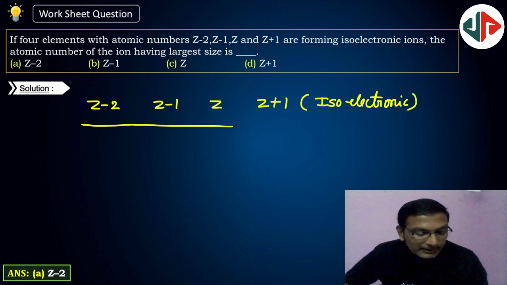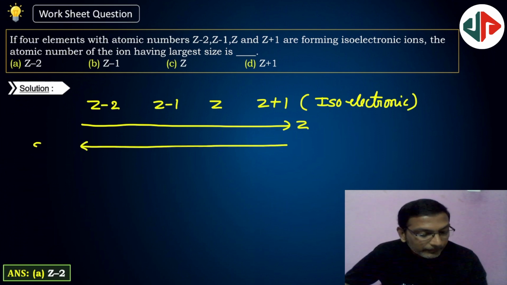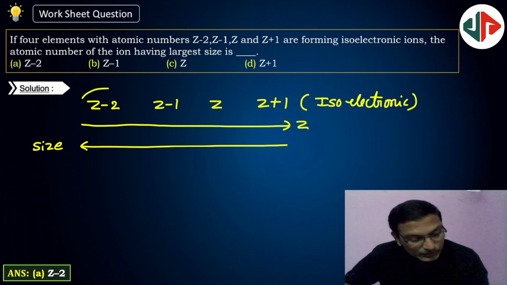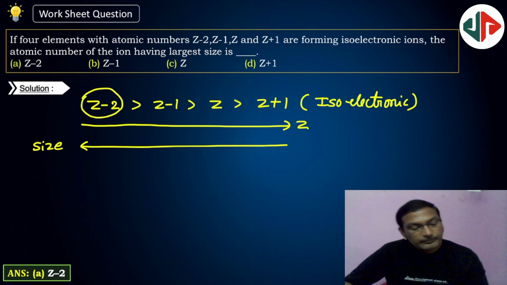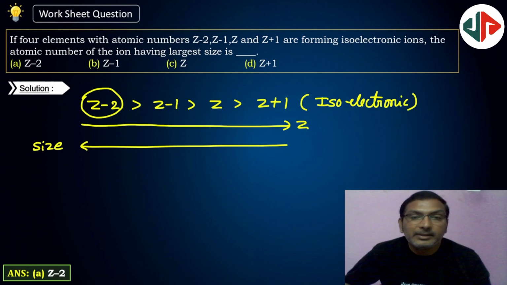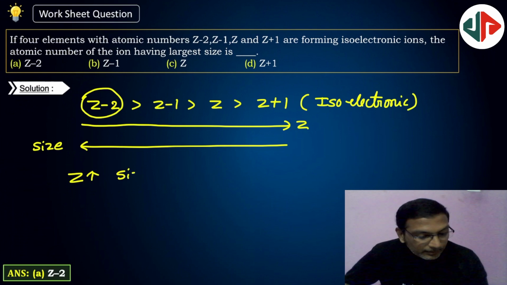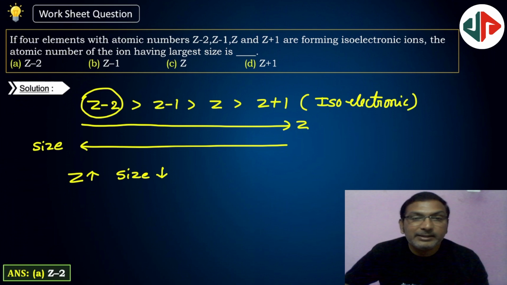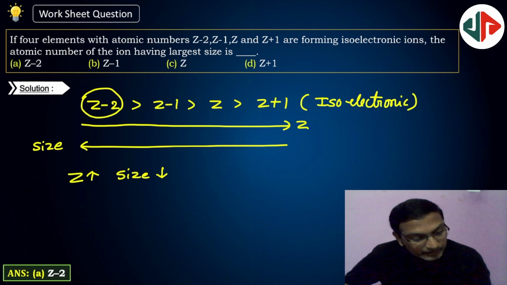So atomic number increases in this order, therefore size decreases in this order. As the atomic number increases, size decreases. Atomic number lowest is Z minus 2, therefore the largest size is Z minus 2, obviously. Option A.